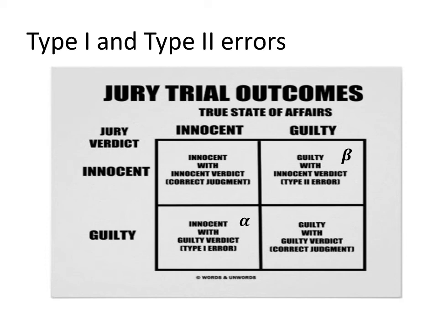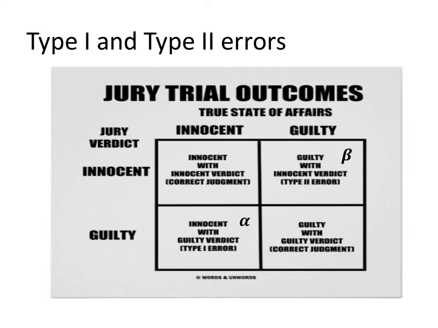Of course, what happens is, if we try to make the alpha value as small as possible, then we're going to sort of open the door for the beta. That is, we're going to probably allow more actually guilty people free. That is, we're going to find them innocent. It's kind of a give and take.